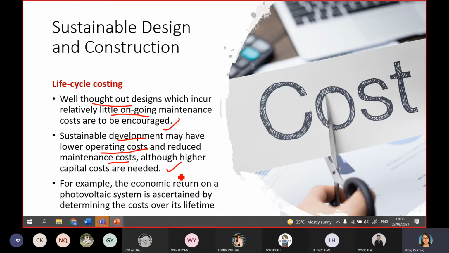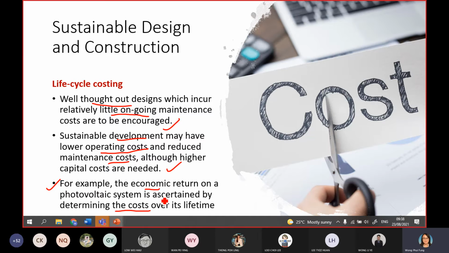So this is the thing that I give the example of LED light and fluorescent light. Although LED light costs higher, but it gives you lower maintenance and operating costs. Similarly, just now we mentioned that solar energy is very, very expensive. You can see that the economic return for the photovoltaic system is actually ascertained by determining the cost over its lifetime, which means that the cost is very expensive at the beginning, but it lasts longer.